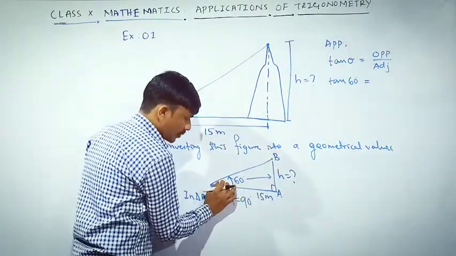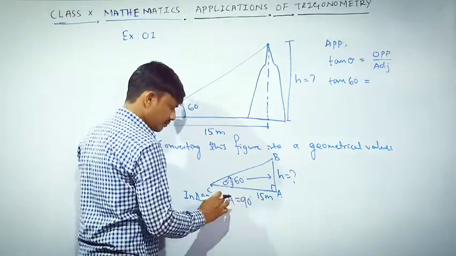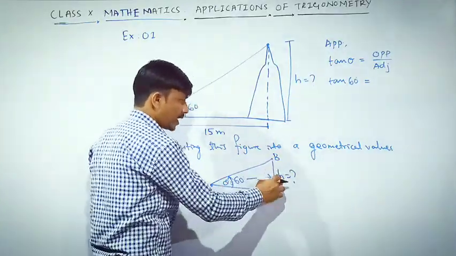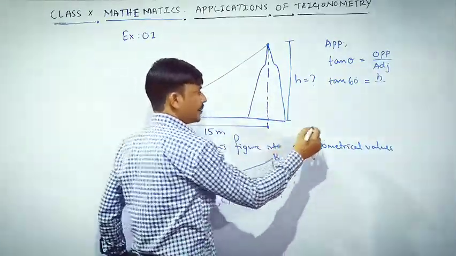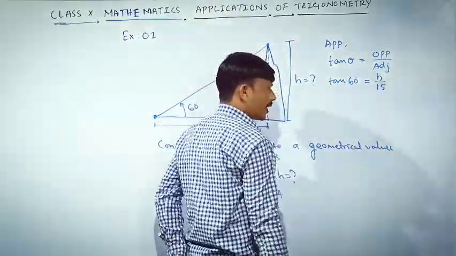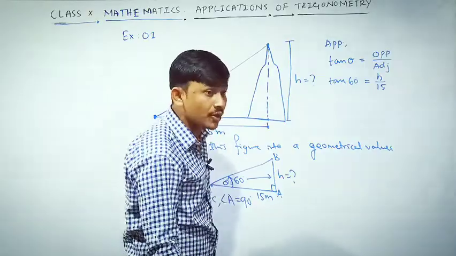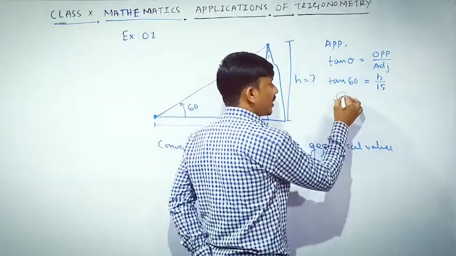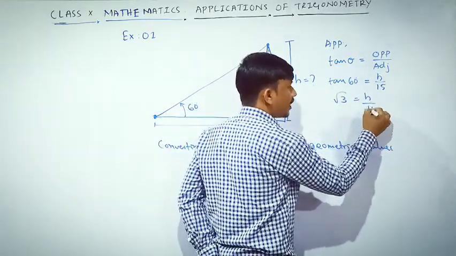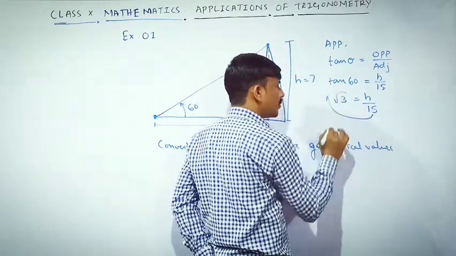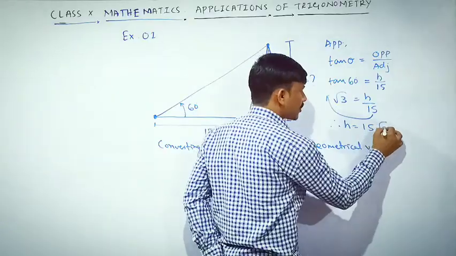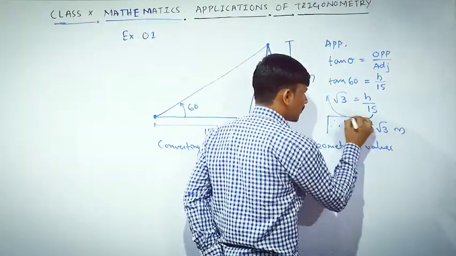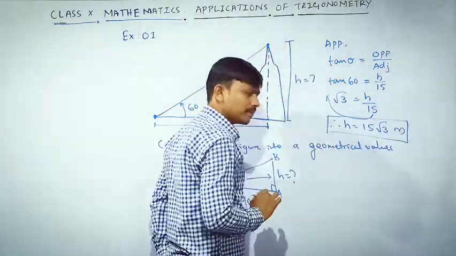H. This is theta, theta is equal to 60 degree, opposite is H divided by adjacent 15 meter. We already know that tan 60 degree value is root 3. Root 3 is equal to H divided by 15. Division by 15 will become multiplication. Therefore, H is equal to 15 root 3 meter will be the answer for the first example.